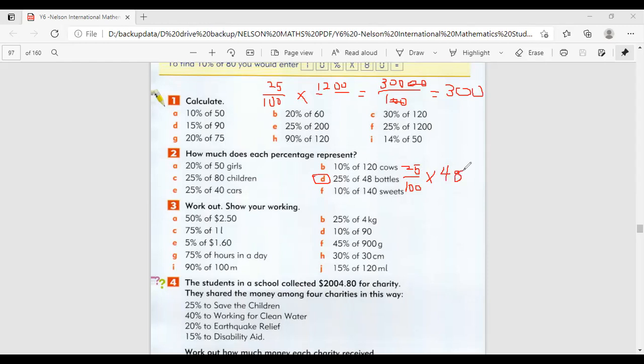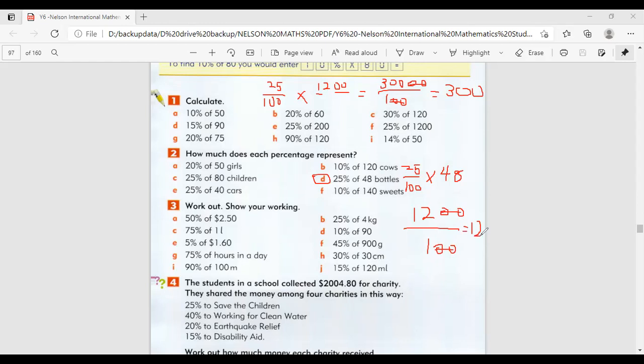Okay, so 1,200 divided by 100. So we have 2 zeros here, you cut. So the answer is 12 for letter D.